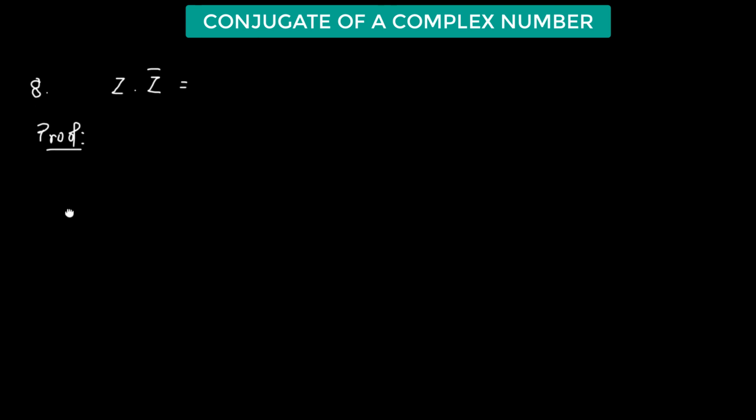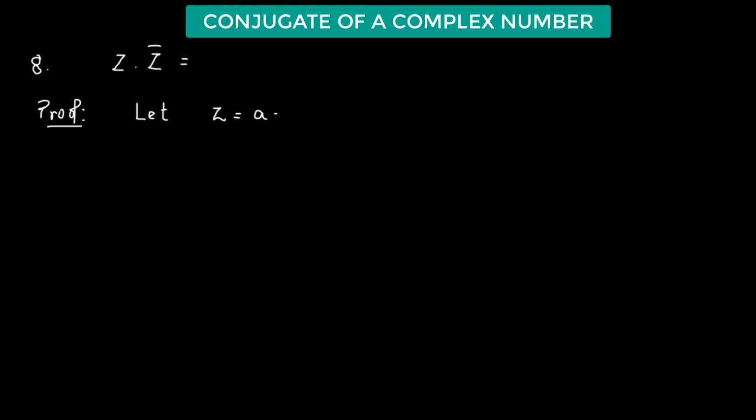Let us consider that our complex number z is given by its standard form a plus ib. Then we take its conjugate, which will give us a minus ib. Now we're going to multiply it. So z times z bar is going to be equal to a plus ib multiplied by a minus ib.